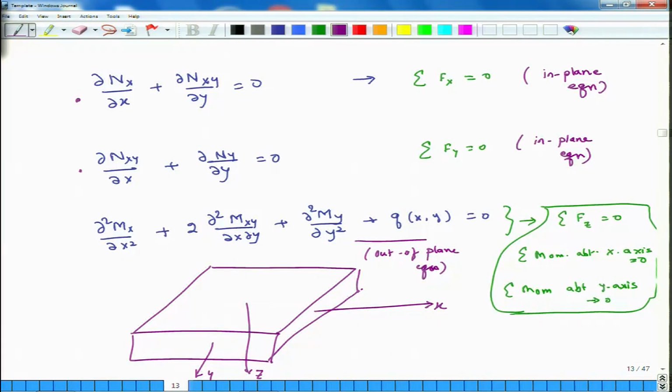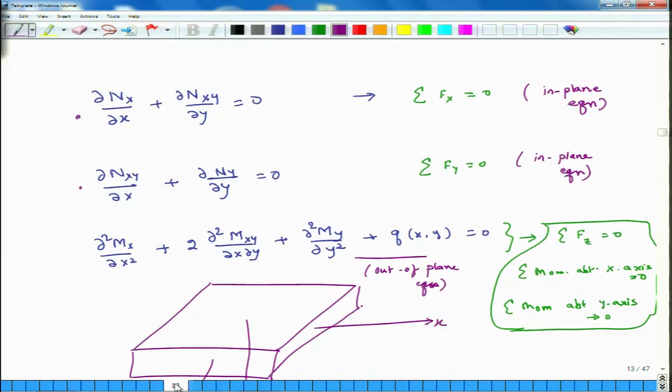So the first equation and the second equation, they tell us about in plane equilibrium, and the third equation tells us about out of plane equilibrium. So, these two, they tell us about in plane part of the problem. And the third equation tells us about out of plane problem.